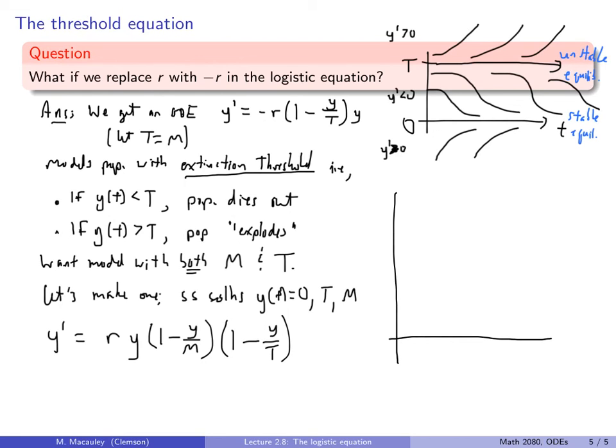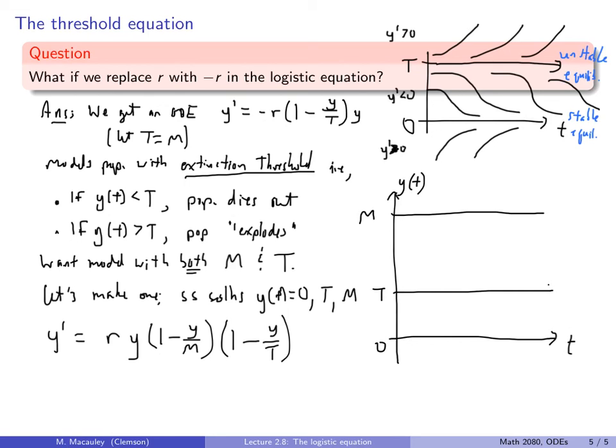Our threshold might be down here. This is capital T, and maybe our carrying capacity is up here. This is m, and this, of course, is y of t. So is this correct? Does this make sense?